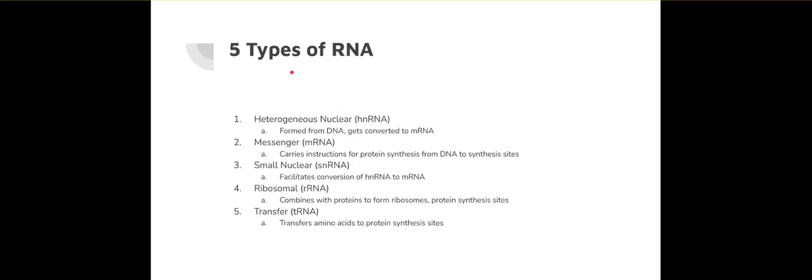There are 5 types of RNA. There's heterogeneous nuclear RNA. This gets abbreviated as hnRNA. This is formed from DNA and then gets converted to messenger RNA, which is the next one on the list.